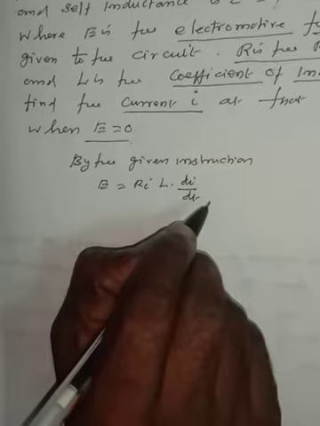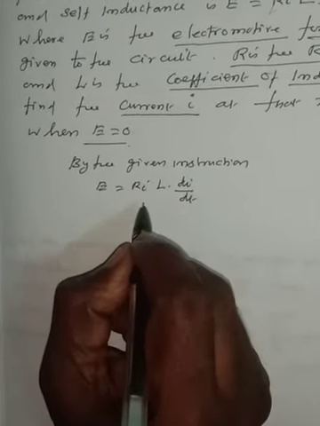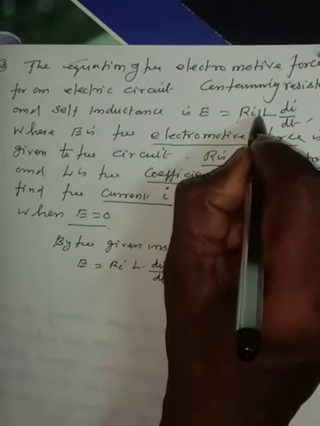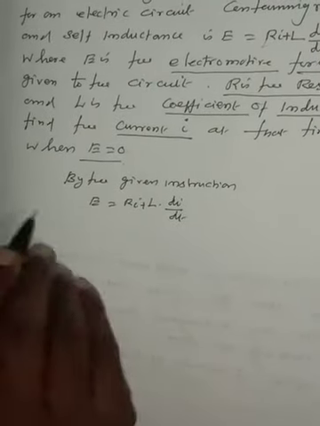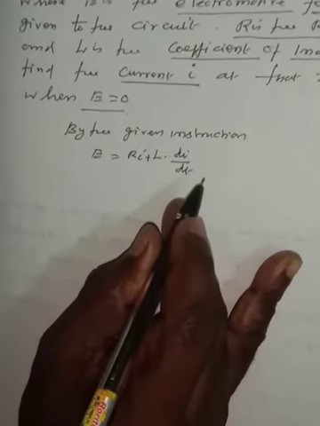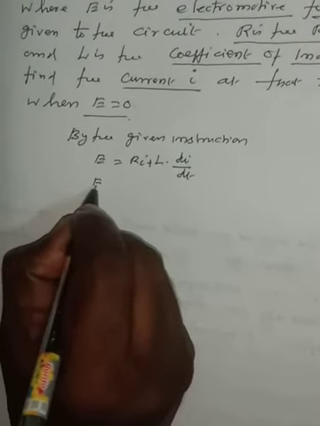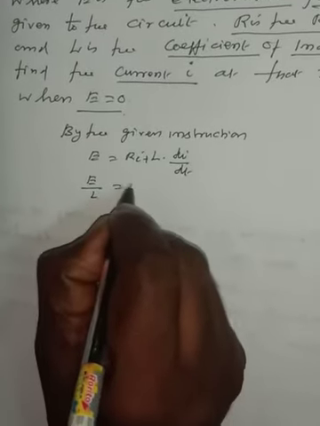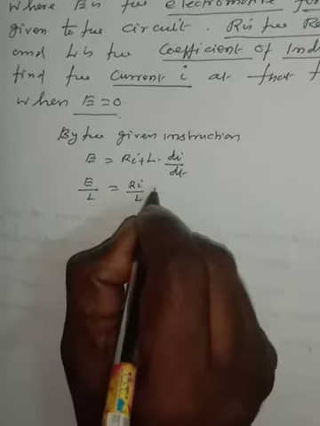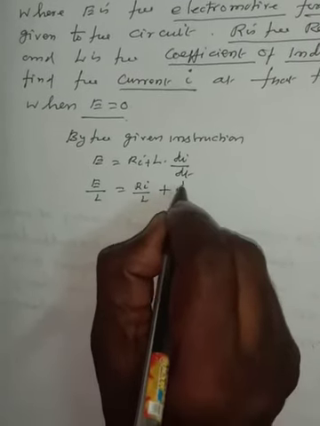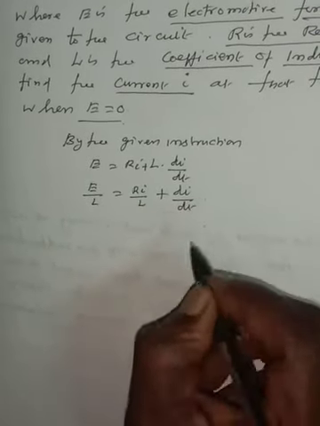Divide through by L on both sides. We get E by L is equal to R i by L plus di divided by dt. This is the given instruction.